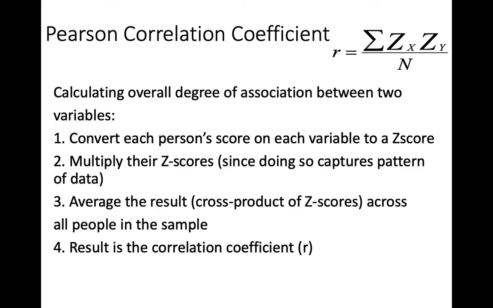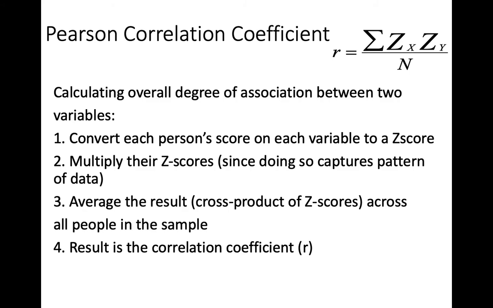So the way this formula works is that we convert each person's score on each variable to a z-score. We'll multiply their z-scores together, since doing so captures the pattern of the data, which hopefully you were able to follow in those previous slides. We're going to average the result. We average the cross product of the z-scores across all people in the sample, because we want to say just how strong is that correspondence.